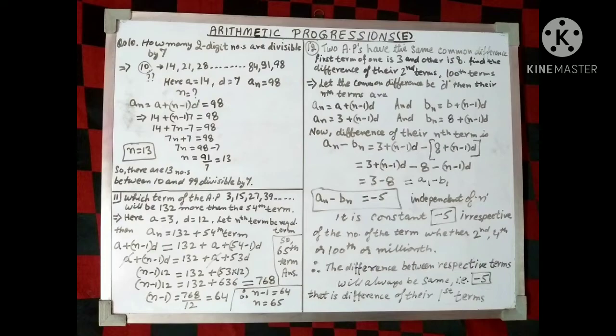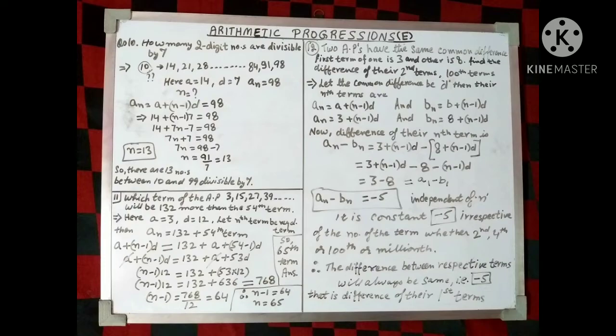So we get the nth term is equal to 132 plus a plus 53d, and the nth term is written as a plus n minus 1 d. So we will put the respective values of a and d and solve. So finally we get n minus 1 is equal to 768 by 12, which is 64, right?